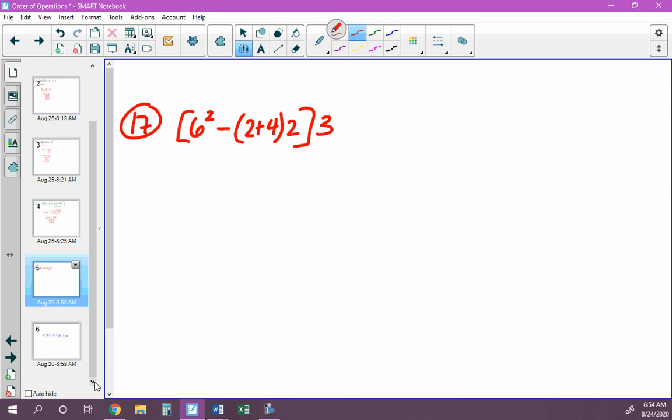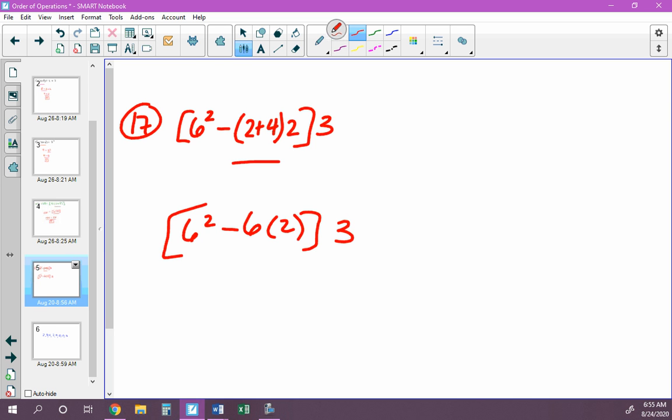So this one I've got bracket 6 squared minus parenthesis 2 plus 4 times 2 bracket 3. So this one's a little bit more complicated. I've got parentheses inside brackets, so again I'm going to start there. So 2 plus 4 is 6. And then I'm going to rewrite everything else.